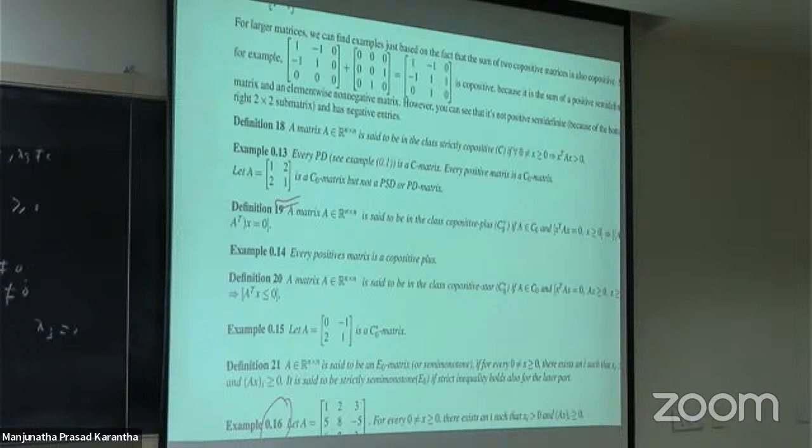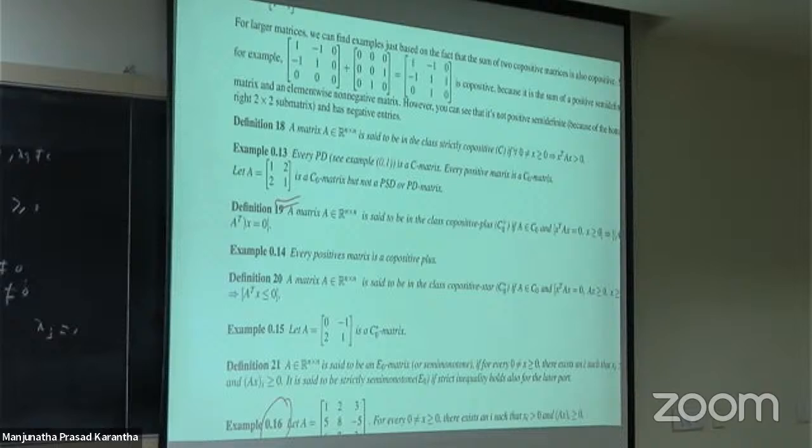But since this is a strictly positive matrix, it is a C naught. And this is another example that not every strictly positive matrix need be a P matrix, and its inverse also need not be a G matrix.